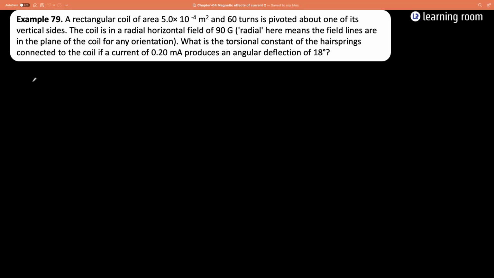So there is a rectangular coil of area 5 into 10 power minus 4 meter square, and the number of turns is 60. It's pivoted about one of its vertical sides. The coil is in a radial horizontal magnetic field of value 90 Gauss, so 90 into 10 power minus 4 Tesla.